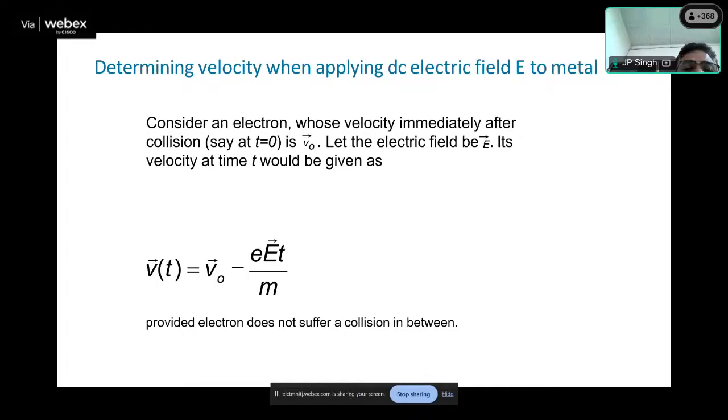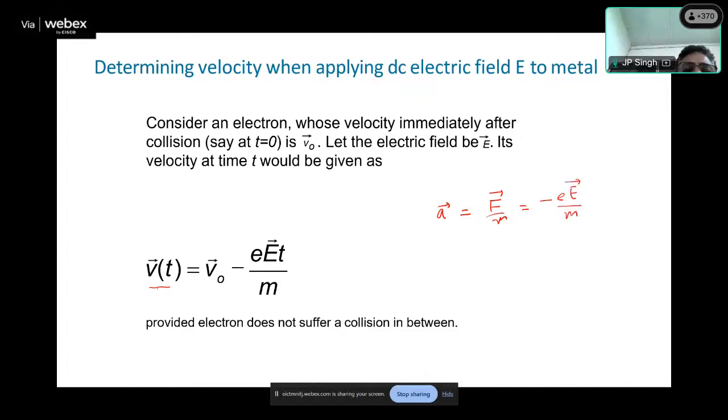So I can apply Newton's equation of motion here, v is u plus at, where a is the acceleration. The acceleration is force divided by the mass of the electron, and force is simply minus E times the electric field, divided by m.